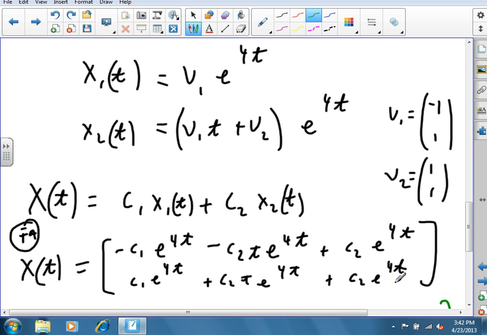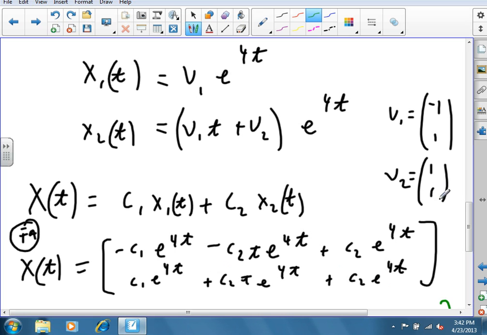I don't see how I wrote that wrong. You're saying this guy here on the bottom's wrong. According to the back of the book, yeah. Alright, well it probably is. That last term, c2 e to the 4t, should be non-existent. This guy shouldn't be there? Right. Wow.